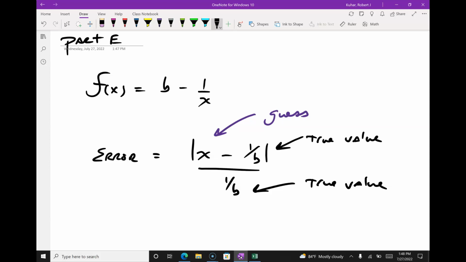We don't want a negative error. So b is pi, and they're asking you to find the reciprocal of pi. So I'm just going to call it 1 over b. Now, this is the initial guess, right? So this is the initial error.